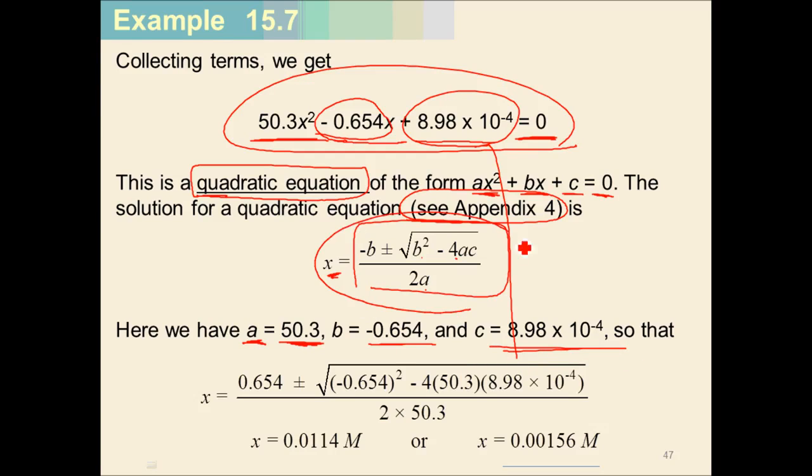So if we want to substitute into this equation, we would solve, and x would come out to be either 0.0114 molar or 0.00156 molar. Try this on your calculator, and again, try to get that quadratic equation downloaded so it's easier to use on a quiz and test.